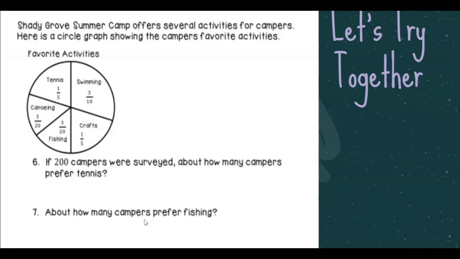The difference between the second and the first question is that there is a different numerator. In the previous examples that we've seen, the numerator was 1. But for fishing, the fraction is 3/20. All right.